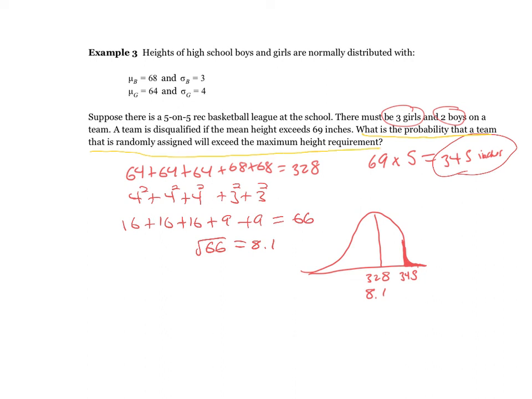So I need to do a z-score again. So this will be z-score equals 345 minus 328 over 8.1, which is about 2.10. I had to round that. So now I need to look up that red area, which we get by normal CDF, 2.10, comma 10, because I want to the right.